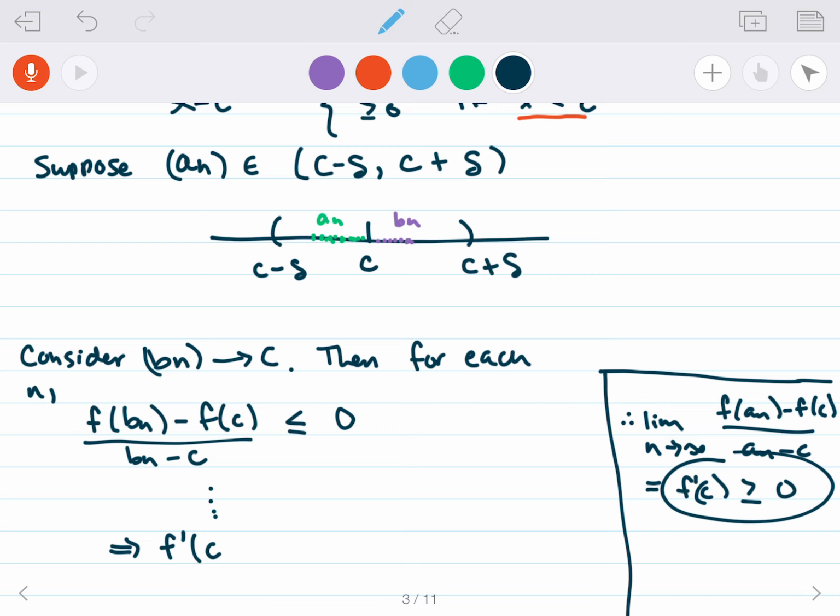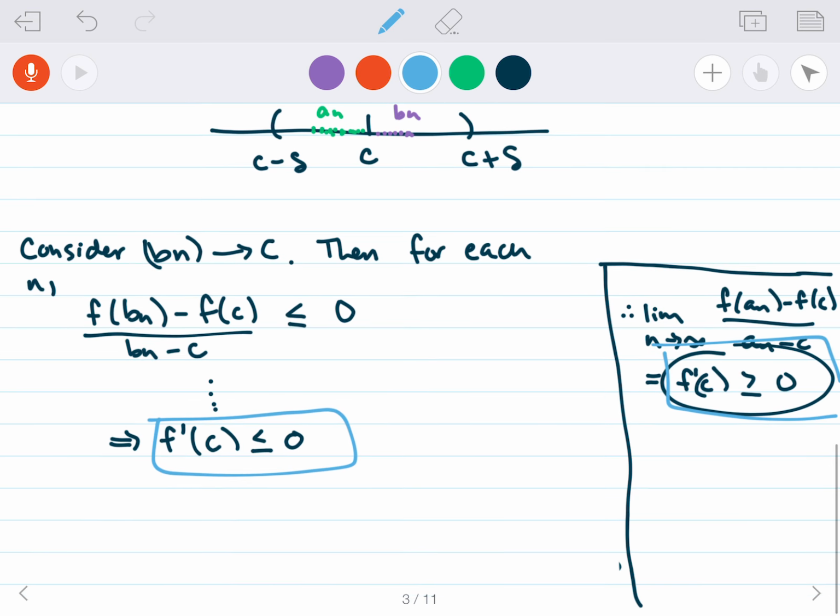So f prime of c is less than or equal to 0. And since we have this guy and this guy, it must be that f prime of c is actually equal to 0. And we are done with that proof.